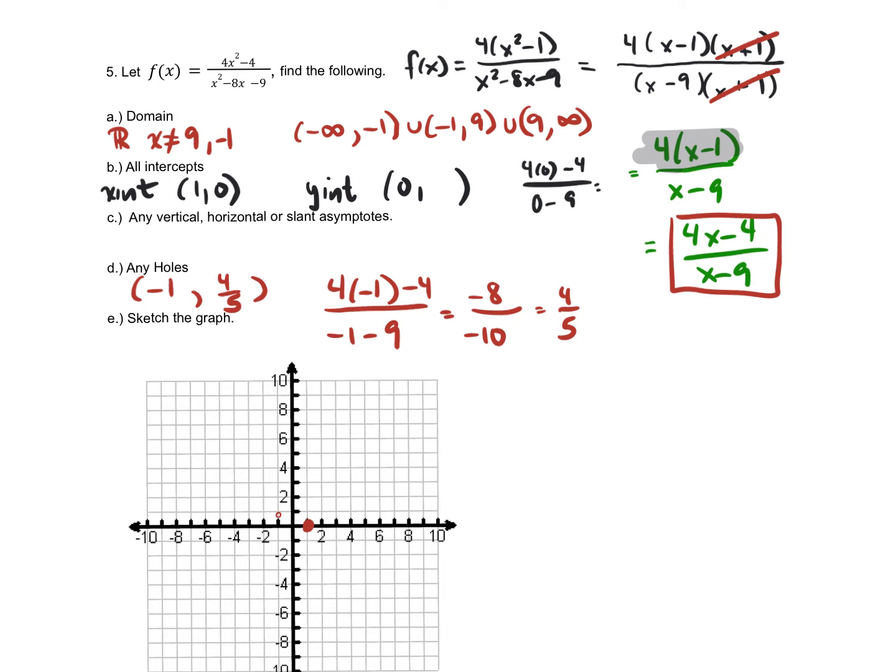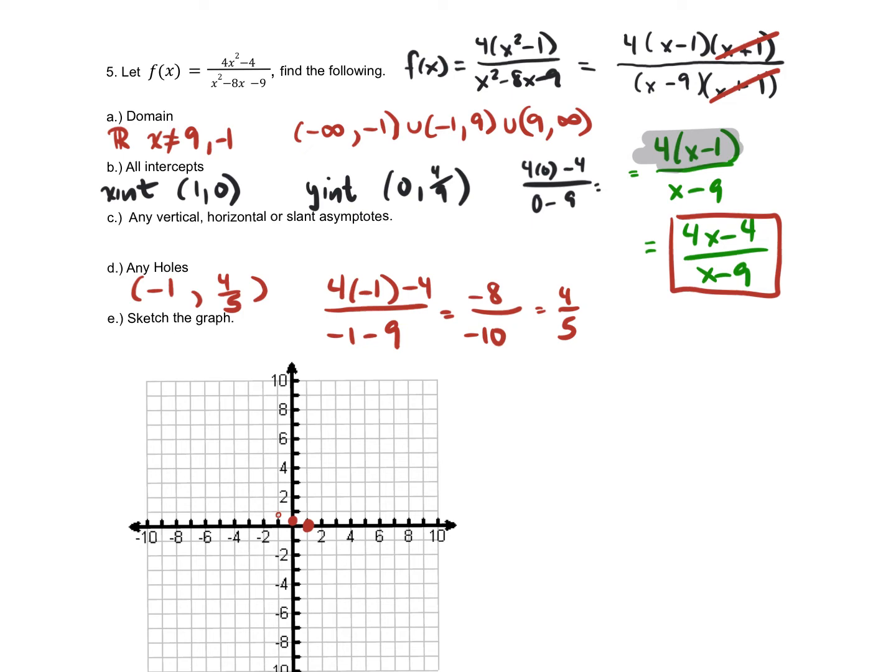So that's just negative 4 over negative 9, which is just positive 4/9. Now 4/9 is 0.4444444, which is kind of what Desmos would tell us probably. So I'm going to say that's somewhere right about there. So I've got 2 points and I've got a hole for my graph.